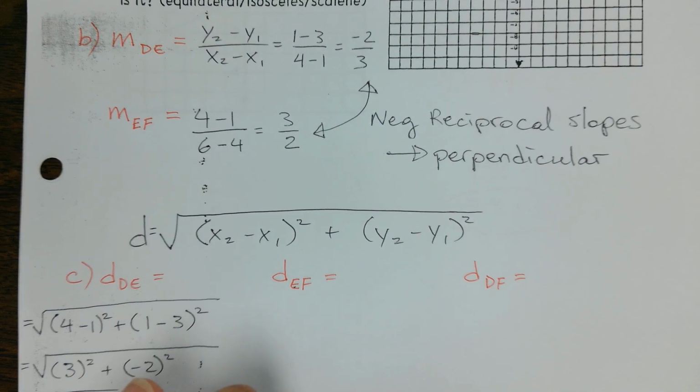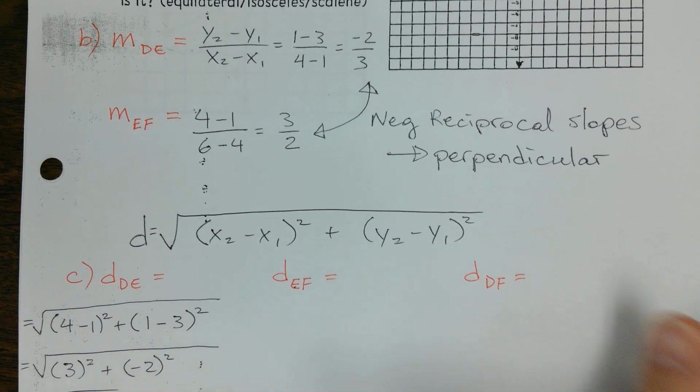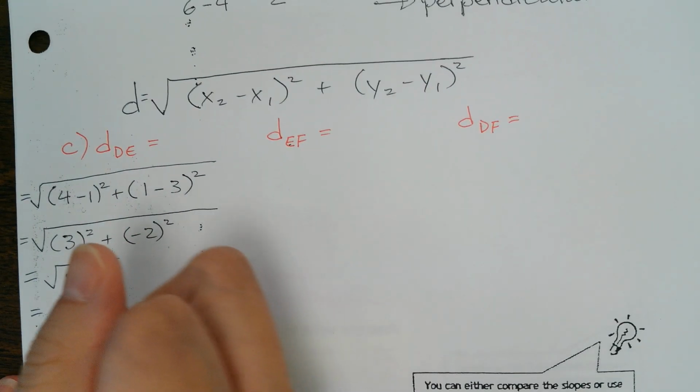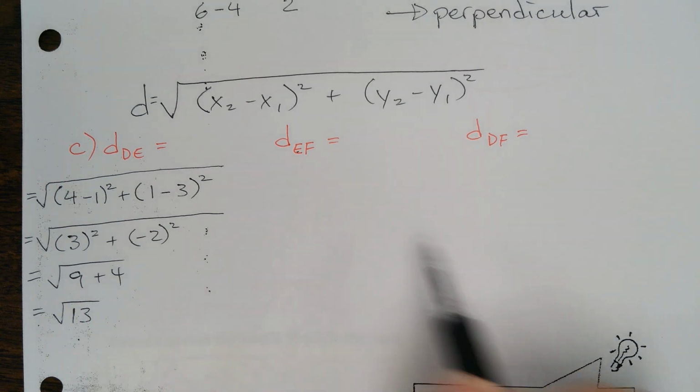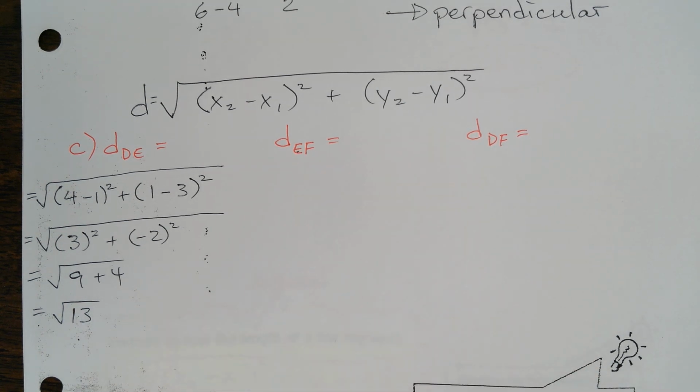So 9 plus 4, which gives me square root 13. Since I'm doing a comparison, I don't need to change the square root to a decimal. I can just leave it like this.